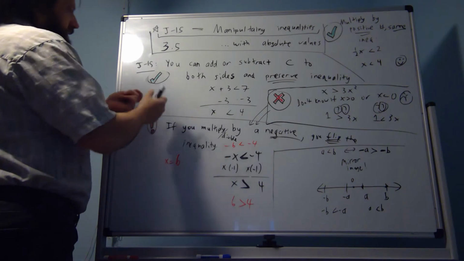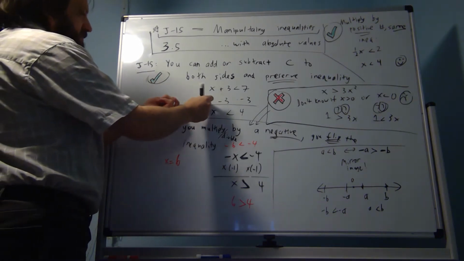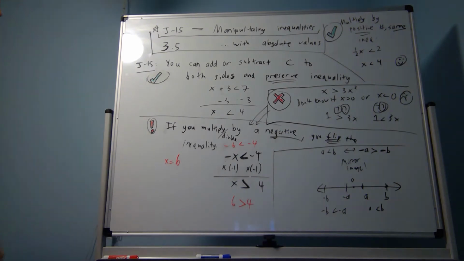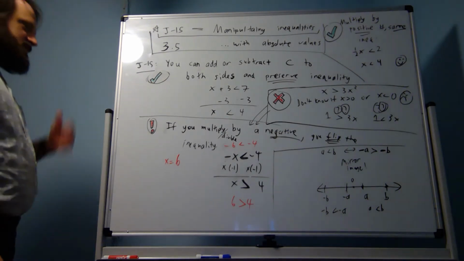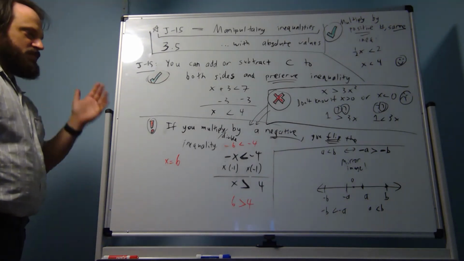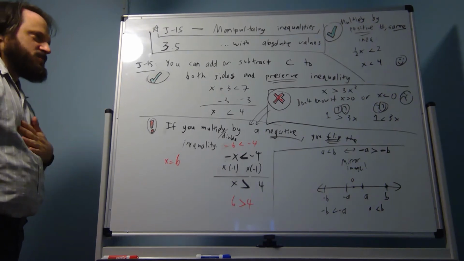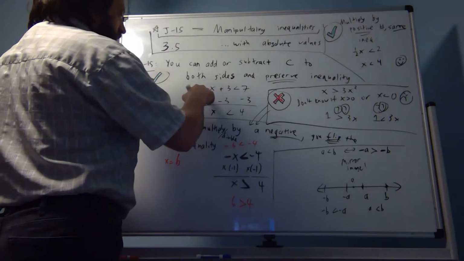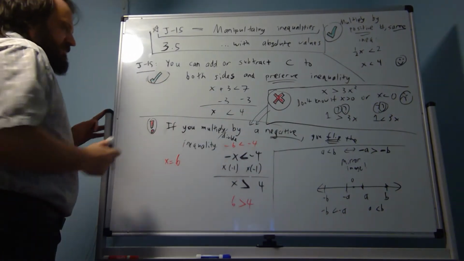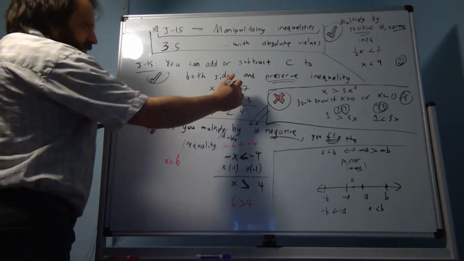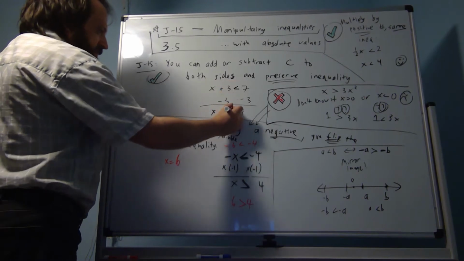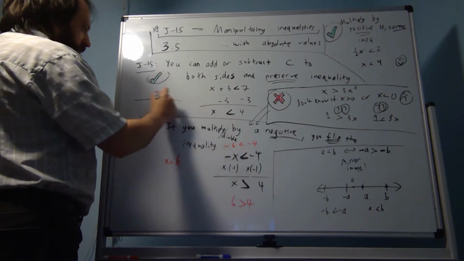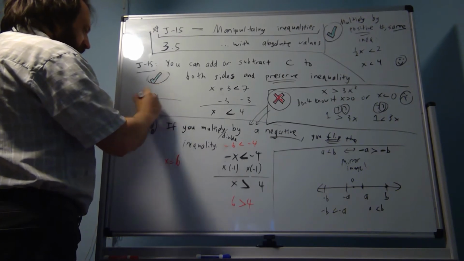If you have A is less than B and you add 2 to both sides, then the new inequality is true if and only if it was true prior to that. So sometimes you just want to find what x is. You want to solve the inequality x plus 3 is less than 7. Sure, you can subtract 3 from both sides and you get the exact same inequality again. So x plus 3 is less than 7 if and only if x is strictly less than 4.